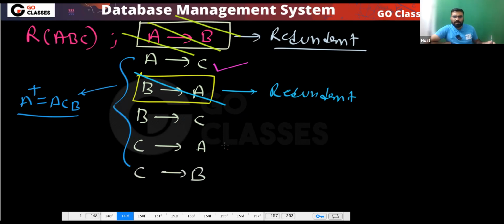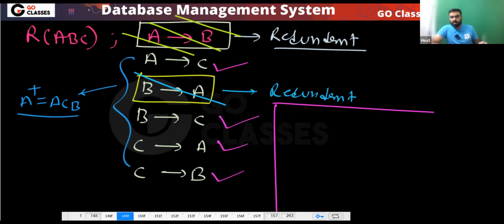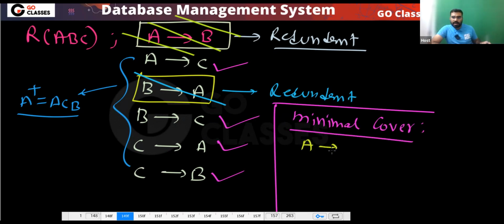This is your minimal cover. So finally you got a minimal cover. What minimal cover did you get? A determining C, B determining C, C determining A. And remember, this is a minimal cover.